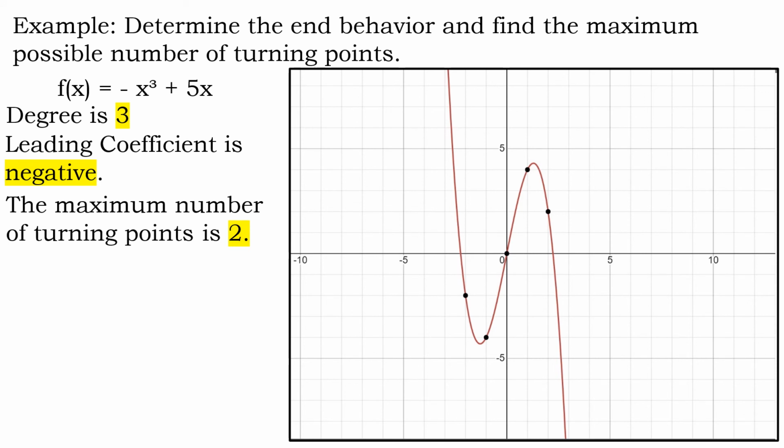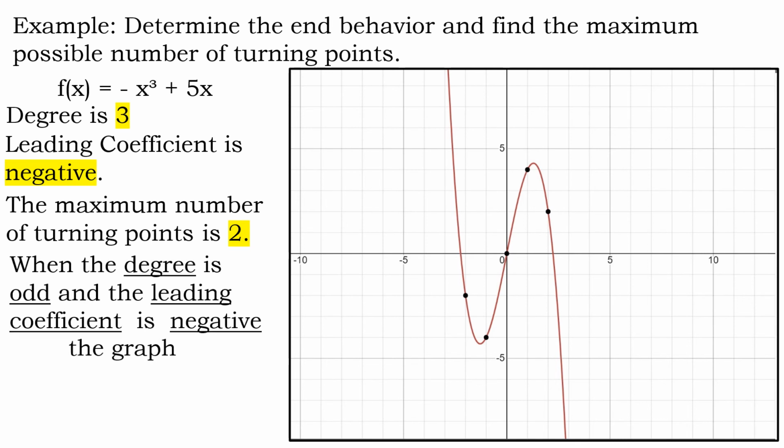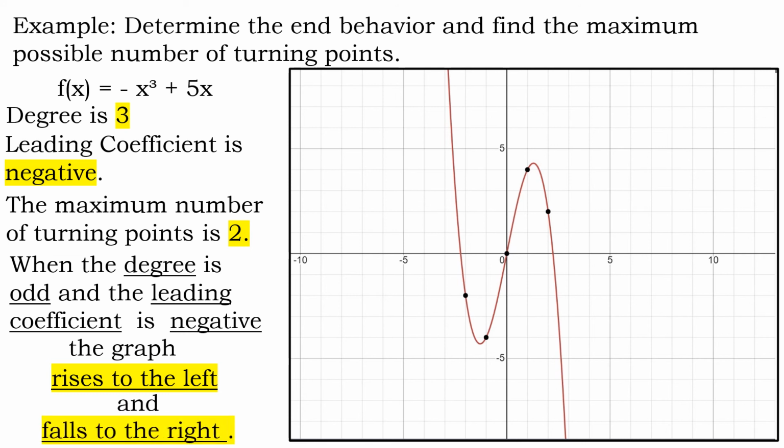Now, notice that if the degree is an odd number, and the leading coefficient is negative, the end behavior of the graph rises to the left and falls to the right.